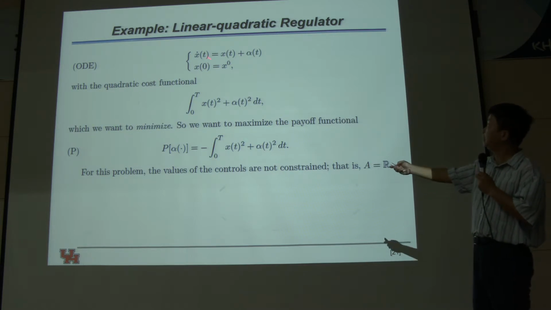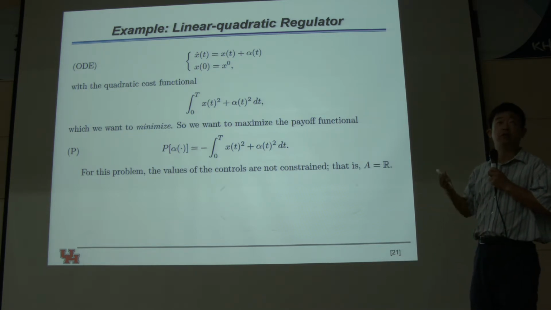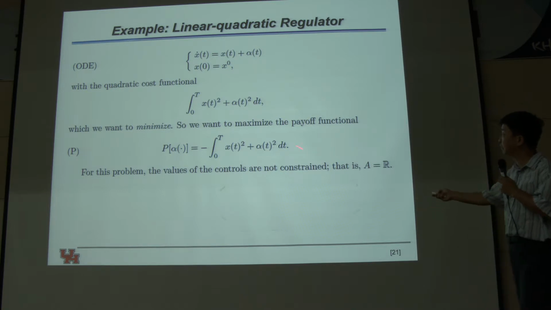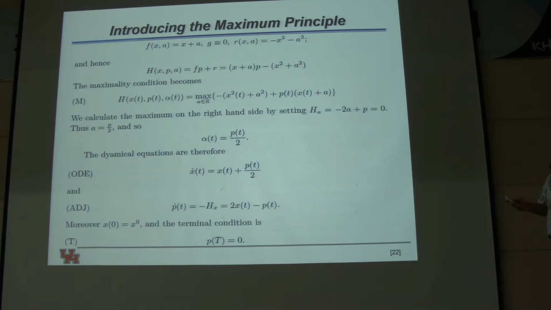Under these two conditions, a linear ODE and a quadratic cost, you can get a closed form solution, which is called the Riccati equation, where we want to minimize the overall quadratic cost. In this case, we apply the maximum principle. So this is the Hamiltonian, and then we have the ODE, the adjoint equation, and the equation we can calculate through differentiation.